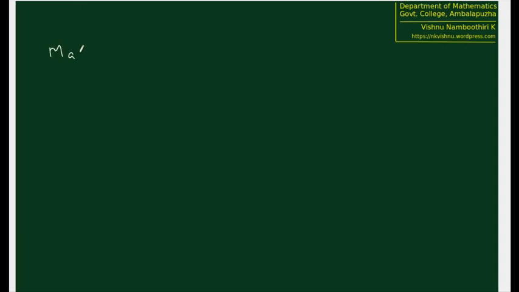Therefore, MA intersection MB is a subset of the set of all whole numbers, and MA intersection MB is not equal to the empty set. Therefore, we can apply the well ordering principle.